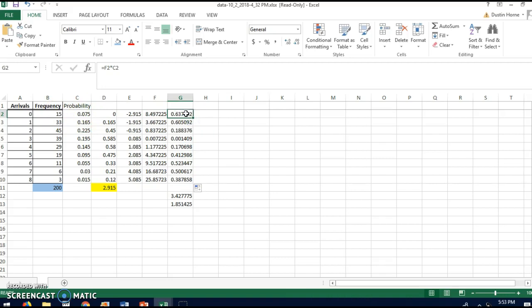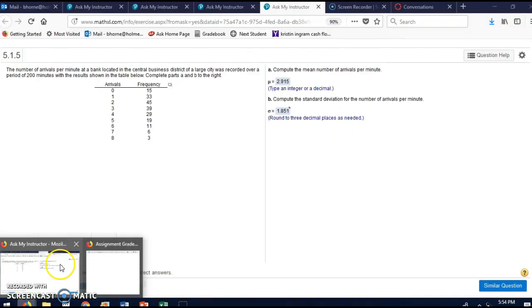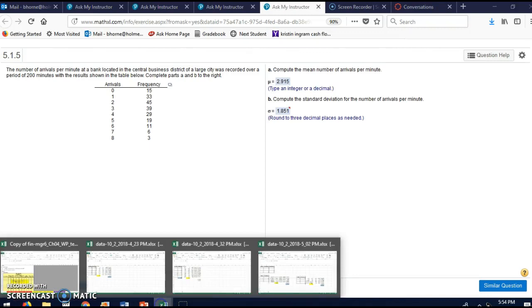So equals this number, the difference squared, times the probability, and then copy that down, which I already have, all the way down, and then you're going to sum this up, and then you're going to take the square root, equals the square root of this, and that will give you the standard deviation, which is 1.851.